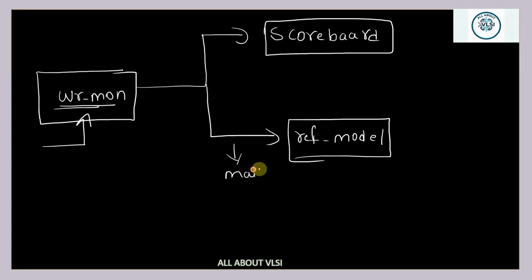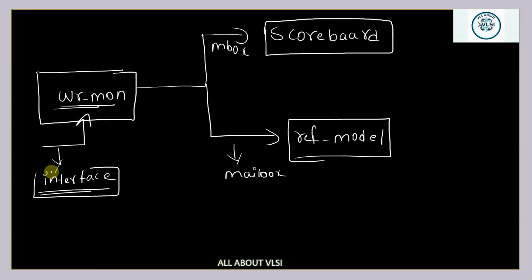After collecting the transactions from the interface, the monitor stores them internally in its own transaction object, and this transaction object is sent to the scoreboard and reference model via the mailbox. What the scoreboard and reference model are, we will discuss later, but this is what we are going to implement.